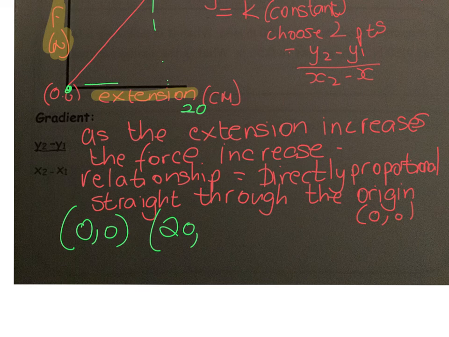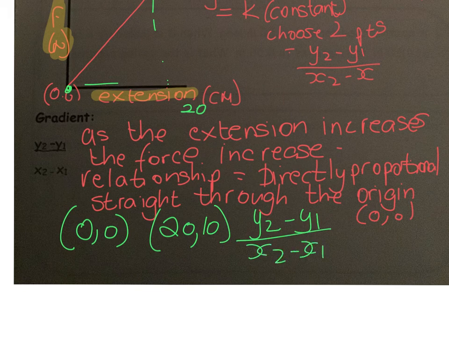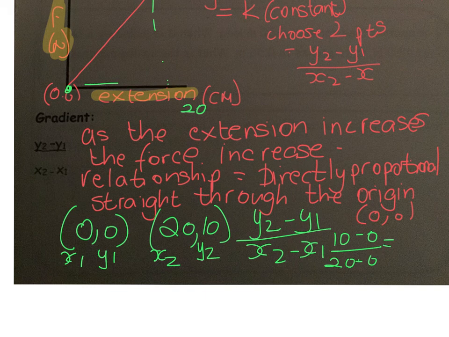We slot those 2 figures into y2 minus y1 over x2 minus x1, and we get 10 minus 0 divided by 20 minus 0, which equals 10 over 20.